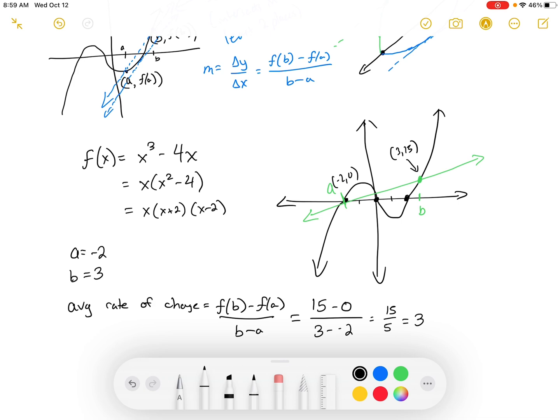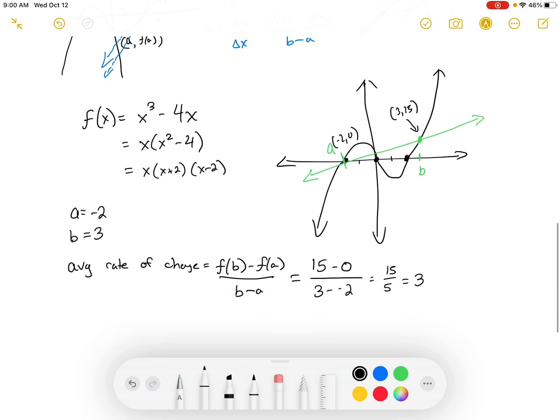So the question is, how many points are there in between a and b where the slope of my tangent line, or my derivative, is equal to 3? So let's do that out.